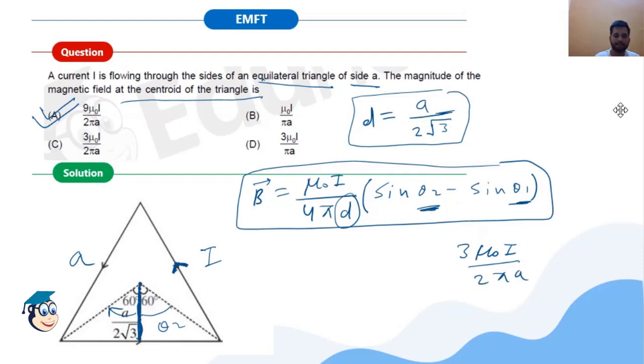But why is the answer 9 mu naught I over 2 pi a? Because it is the magnetic field due to a single wire, but you have three similar wires and all have equal magnetic field pointing in the same direction. So you have to add this quantity to itself three times, and 3 into 3 is 9, so you will get option A as your answer.